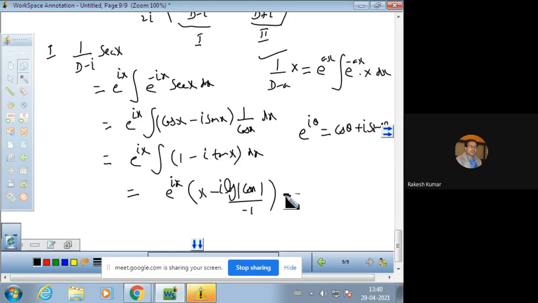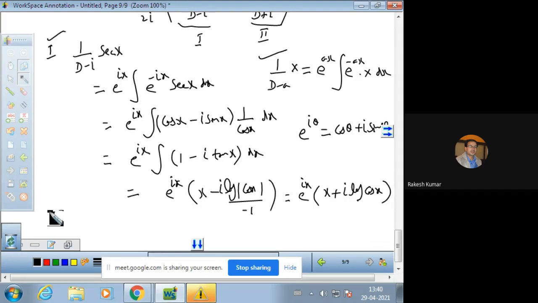So minus minus will be plus in the next step. e raised to power iota x into x plus iota log of cos of x. So this is the particular integral of number 1.